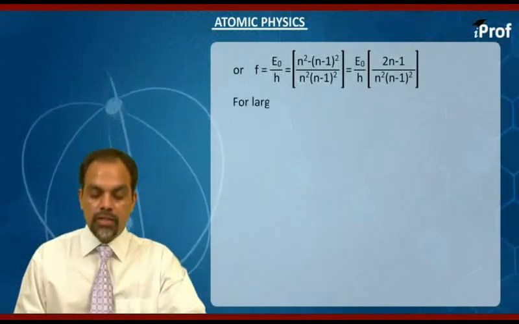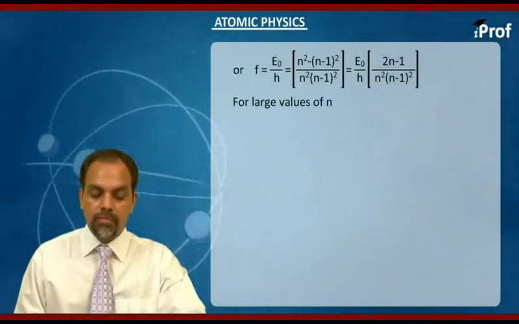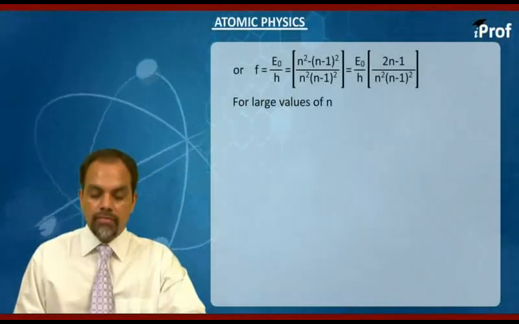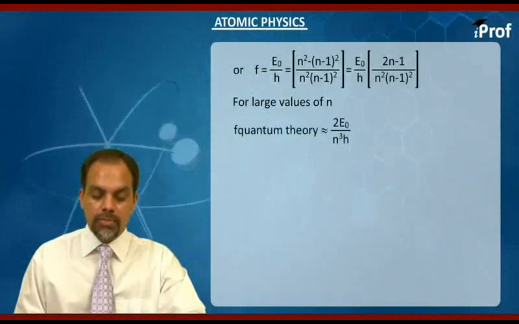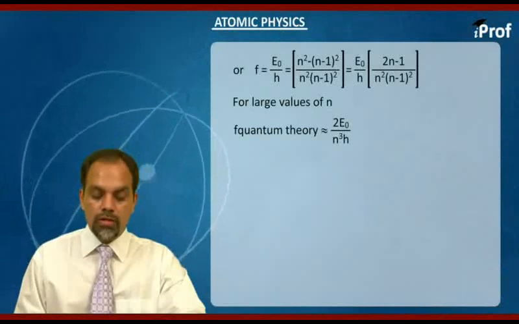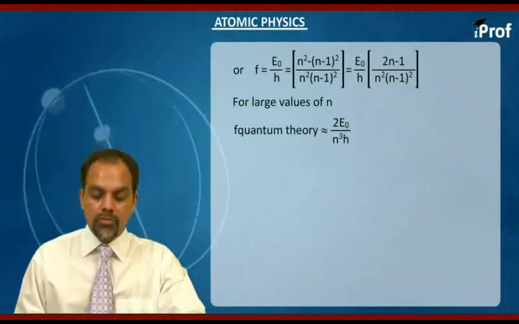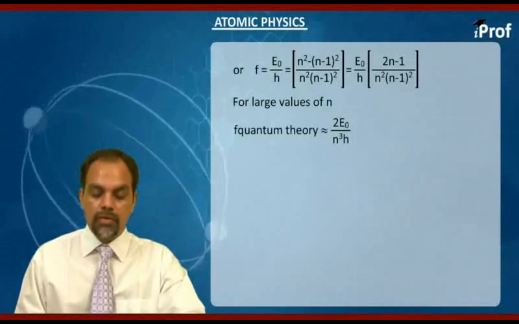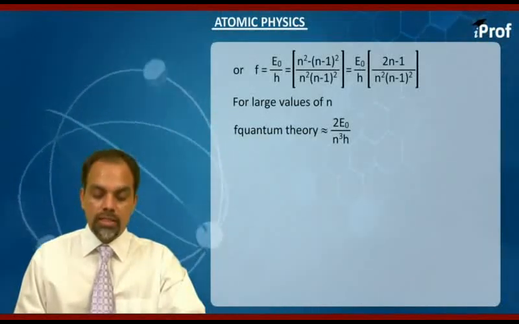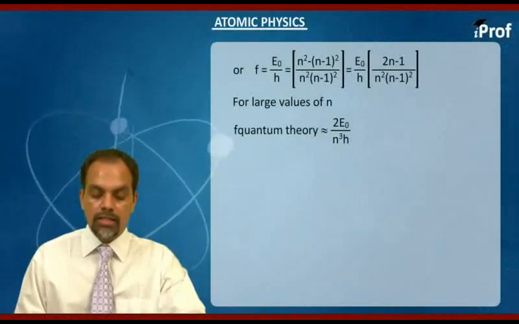When the value of n is very large, let's say n approaching infinity, the value of f, that is the frequency as obtained from quantum theory, is approximately 2 E naught divided by n cubed h. Now we can compare the two results. Earlier we obtained the frequency of radiation using the classical approach, and this time from quantum theory, they are the same.